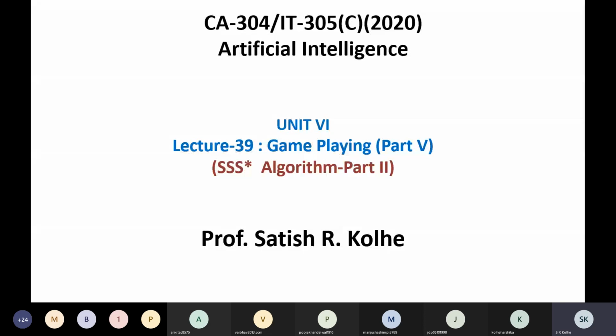I will revise how the algorithm works, so that you will be able to recall and understand it when you study it afterwards. Algorithm is similar to alpha beta cutoff, but it is an informed algorithm. It will use heuristic search information. First difference between alpha beta cutoff and this algorithm is it uses information, so it's a heuristic algorithm.